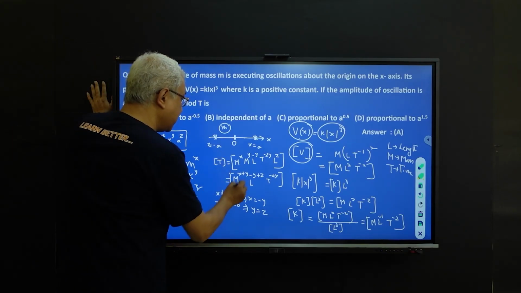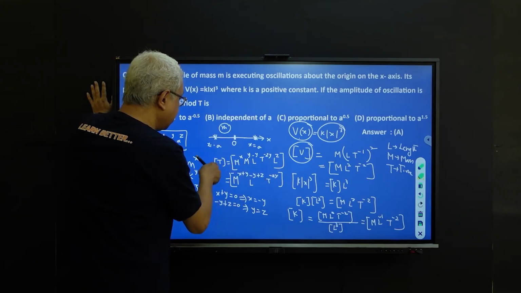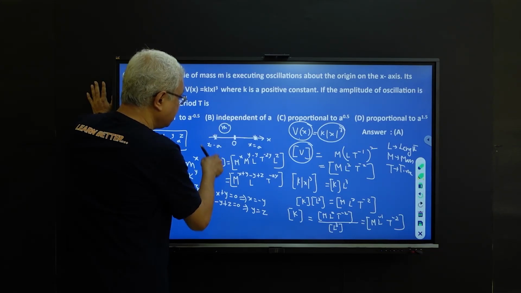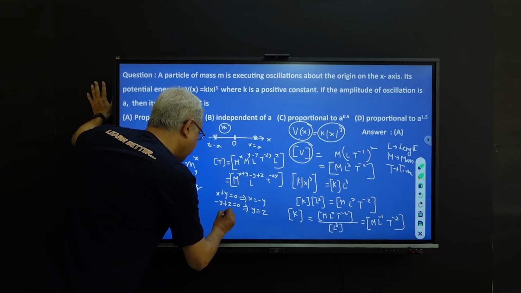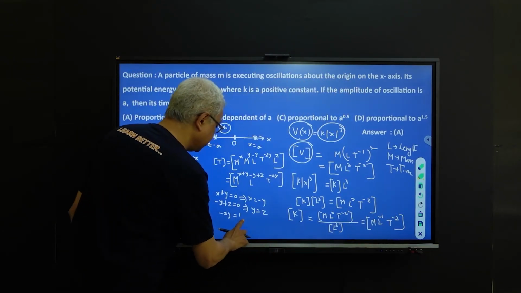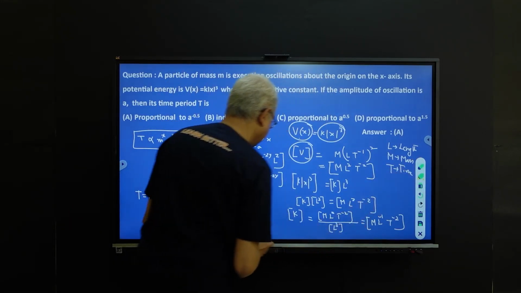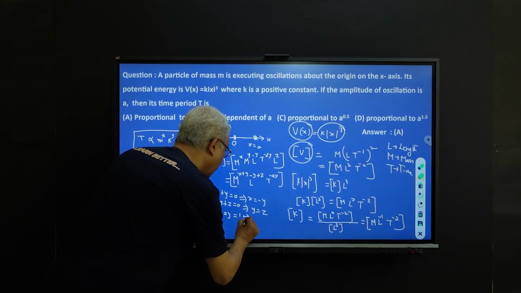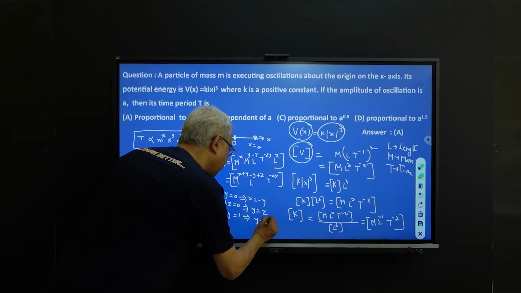And for T to the power minus 2y, since here T's power is 1, it should be minus 2y equal to 1, therefore implying y equal to minus half.